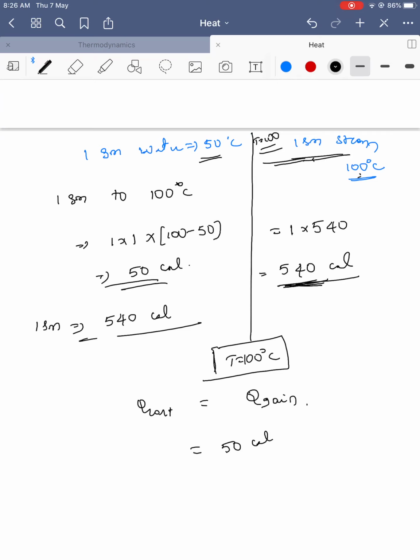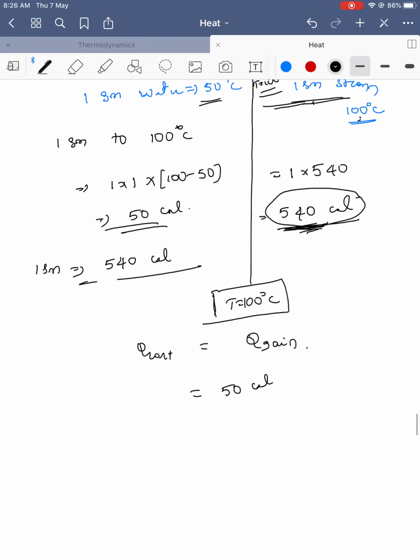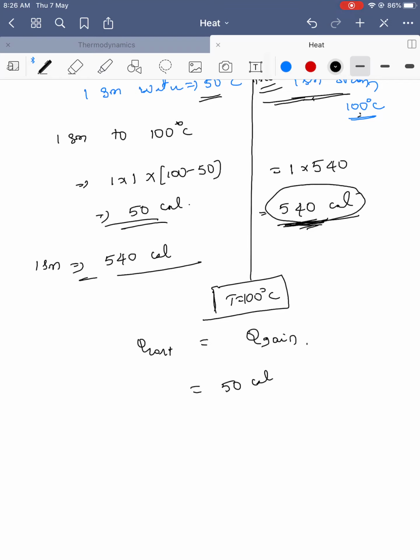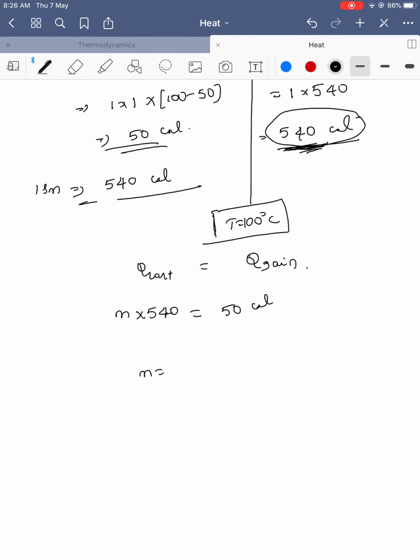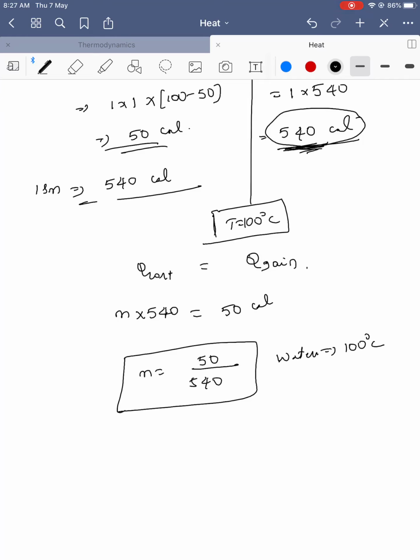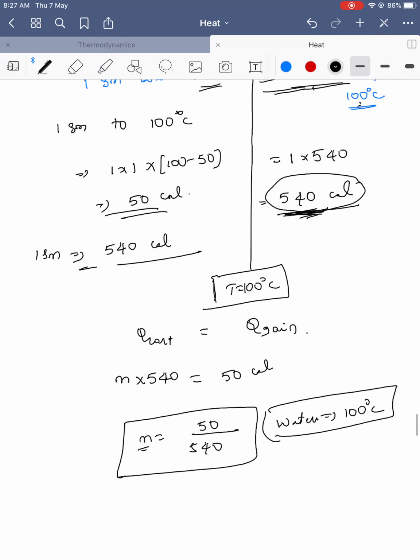If the entire steam were condensed, 540 calories of energy would be required, but the water cannot take that much. So some fraction of steam will condense. So m into 540, since steam has a capacity of 540. So m is equal to 50 by 540. This fraction of steam will be condensed into water. At what temperature? The water will be at 100 degrees Celsius. Steam turns to water at 100 degrees Celsius.